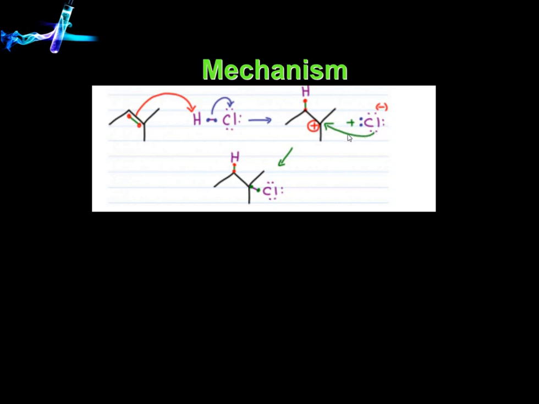In the second part, chloride will attack this positive carbon, and chlorine will be attached over here with this negative charge, and a bond will be made. So this is a haloalkane or alkyl halide that is produced. The first one is the electrophilic attack.